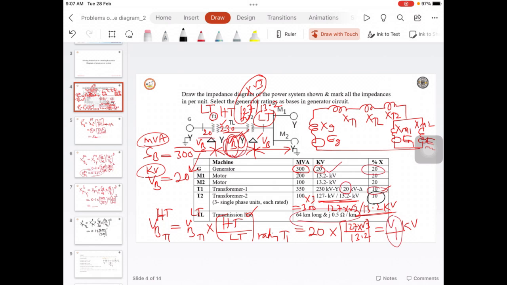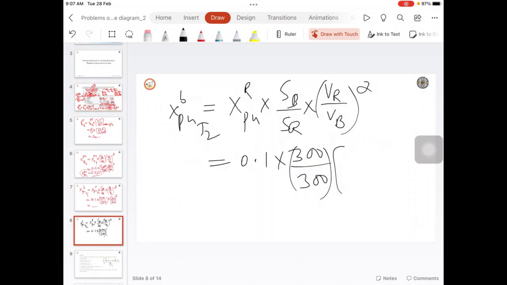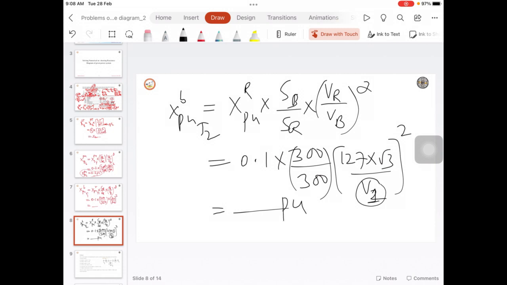So the rated value is 127 into root 3, divided by the base value on the transmission line side, which is already found. We have to consider that and calculate the value in per unit. This is how we can find the per unit value of transformer 2 reactance.